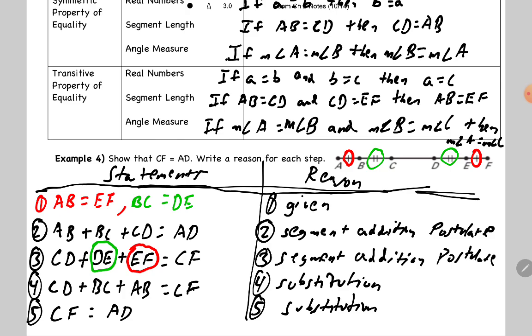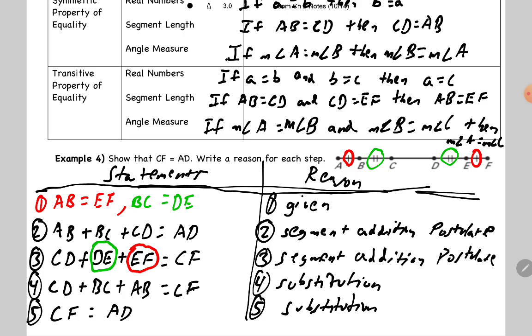Or even after the year, that's fine. But please try. At the very least, you should know how to do the first statement. First statement is always what you're given, so there's some free points there. And if you notice, the last statement is what we're trying to prove.